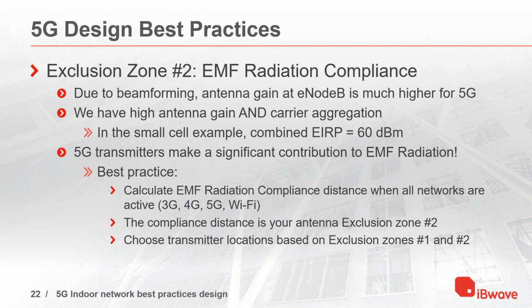So it will not be just this small cell millimeter wave antenna with 60 dBm EIRP; there may be multiples. So you need to calculate what your radiation compliance distance is when all networks are active: 3G, 4G, 5G, Wi-Fi, and so on. And you need to be aware that your millimeter wave will be a significant contributor because of the large EIRP.